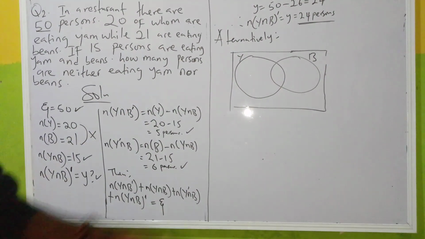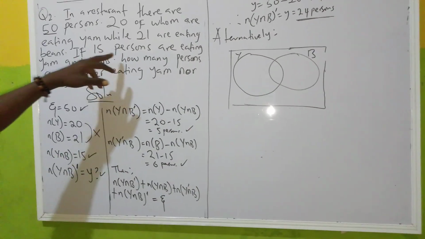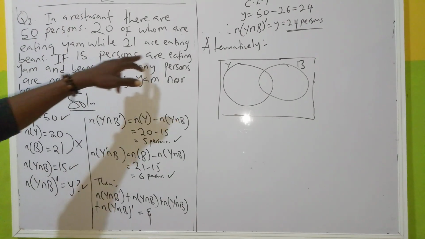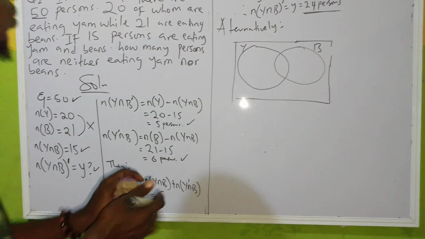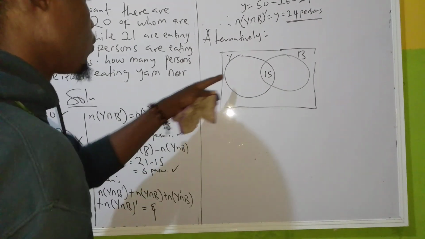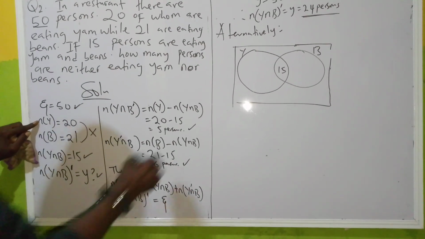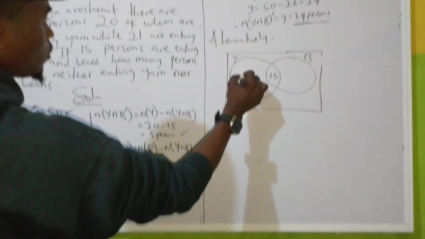If 15 persons are eating yam and beans, then in the middle they have given us 15. Now, the number of those eating yam is 20, they give us from the question.